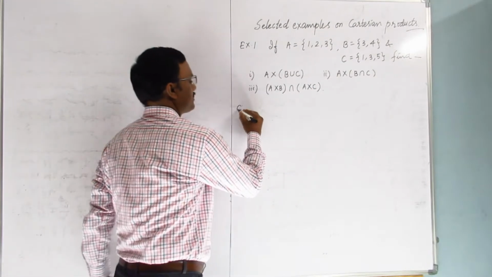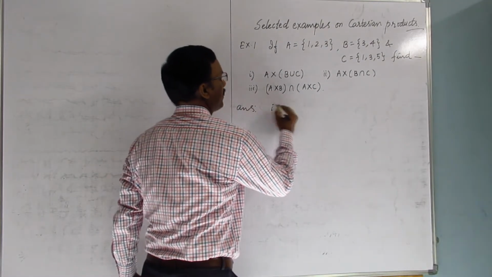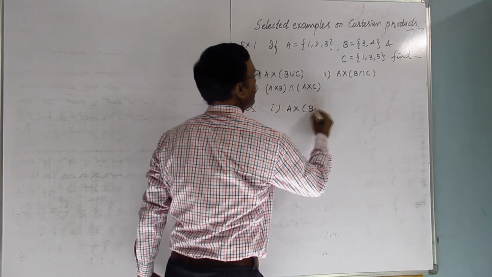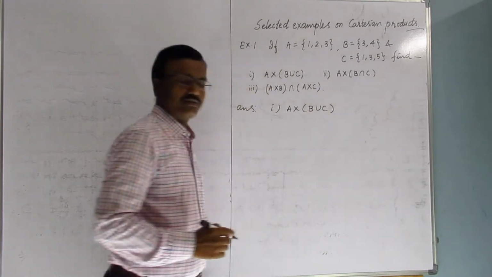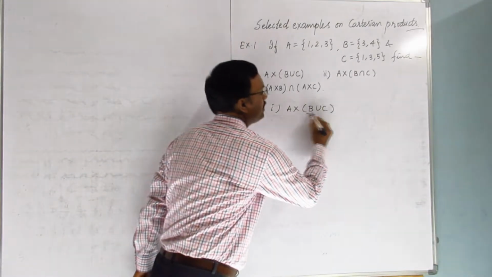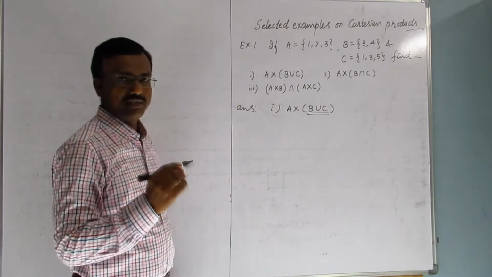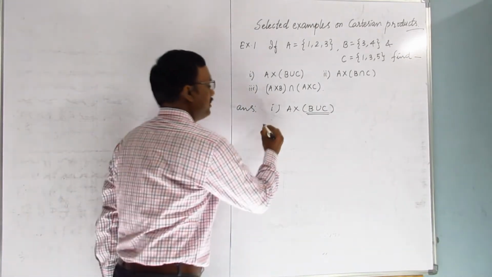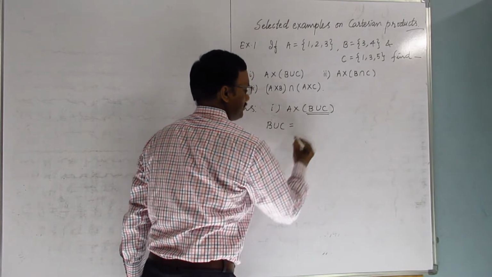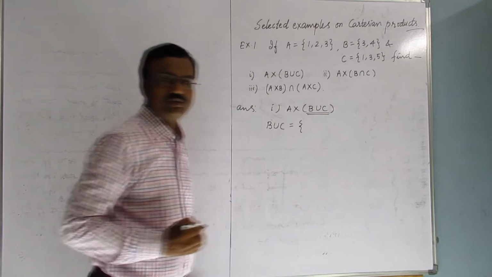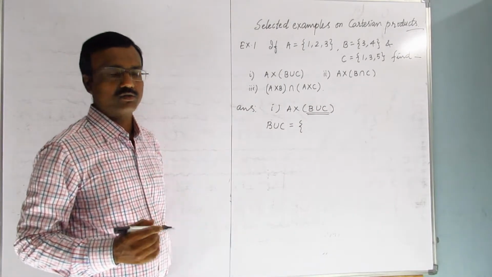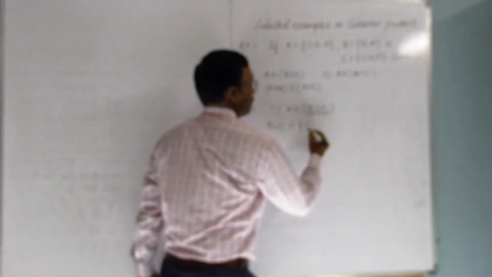To answer the first one, A cross B union C, we first have to find B union C. Directly we cannot deal with it, so get B union C first. As you have studied in the set chapter, to find the union you just collect the elements of B and C all together in a proper way.